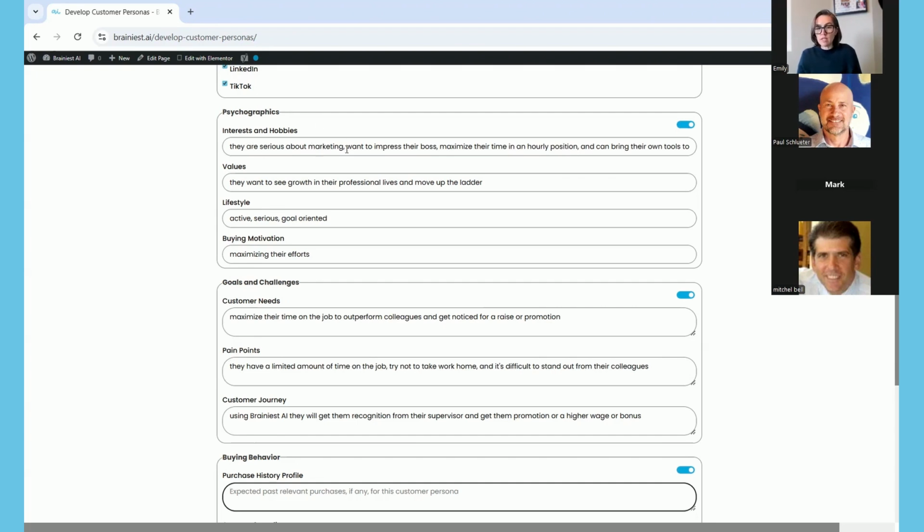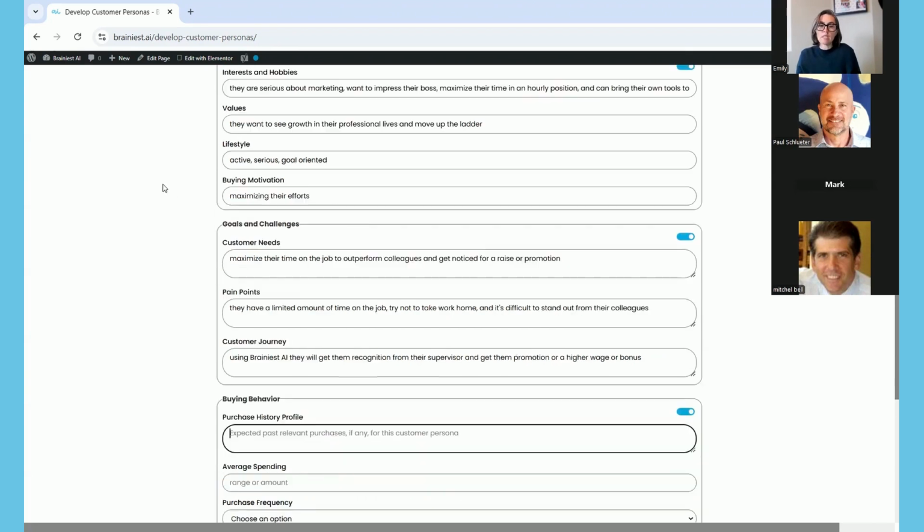What they're serious about, what they want to achieve at work, where they want to maximize things, values that are not necessarily larger values in life, because I'm not really selling a recreational product, but instead, what are their values within their career?